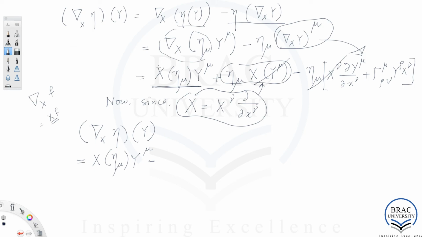So that we are left with this and that. So this is x eta mu, y mu, and then let me write these connection coefficients first: gamma mu rho mu, and then this eta mu, and then I have x nu and y rho, right?